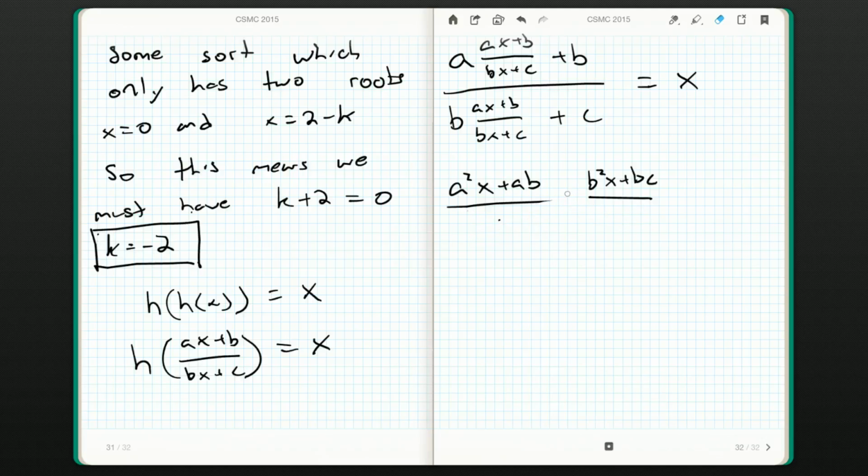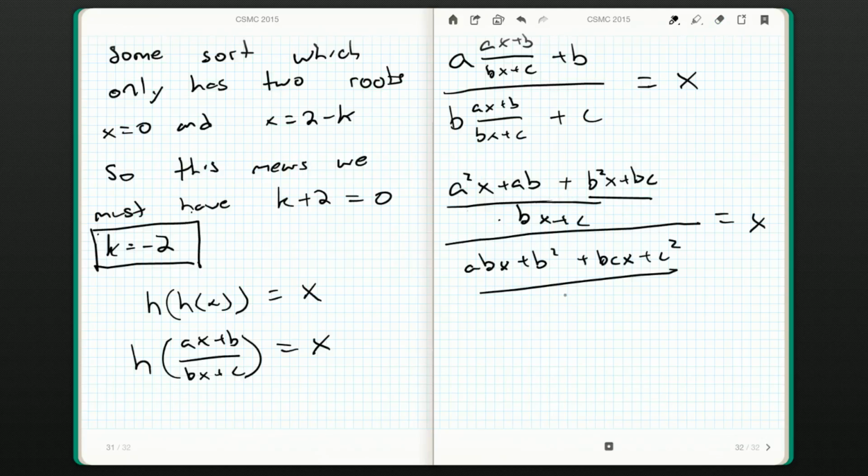They're fractions, so if we have a common denominator, to add them, we just add the tops, and it keeps the same common denominator. And that's all over bx plus c, but now we get abx plus b squared plus bcx plus c squared, all over bx plus c. Okay.